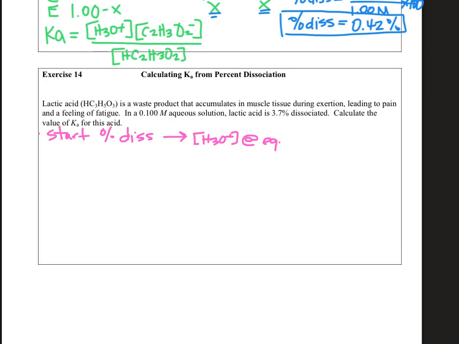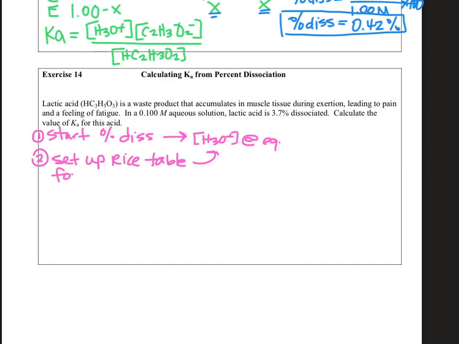So that would be what you start with, and then you set up your rice table, but remember that your H3O plus is at equilibrium. That will help you figure out what X is, and then you can plug in to find the other equilibrium values.